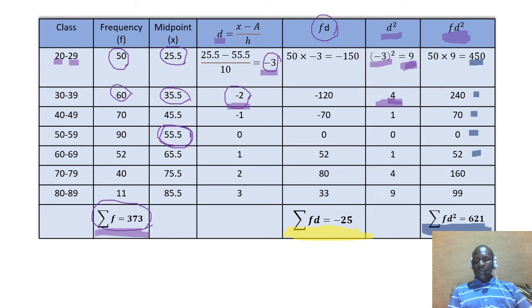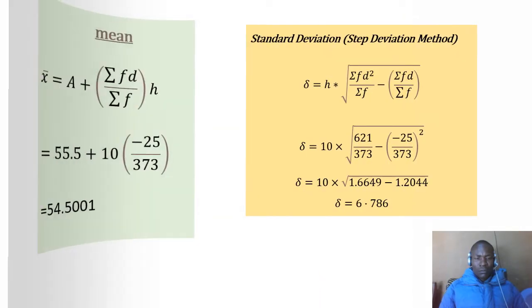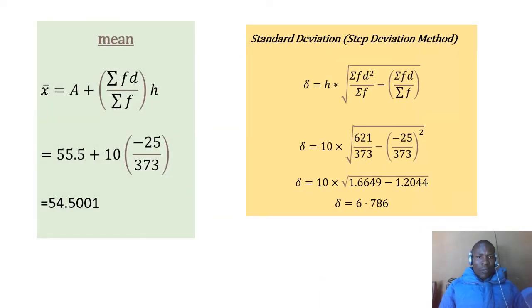Now let's see how we are going to substitute our values. Using the formula for mean which I stated above, we said mean is equal to A, the assumed mean, plus summation of f d all over summation of f, all that you multiply by h.